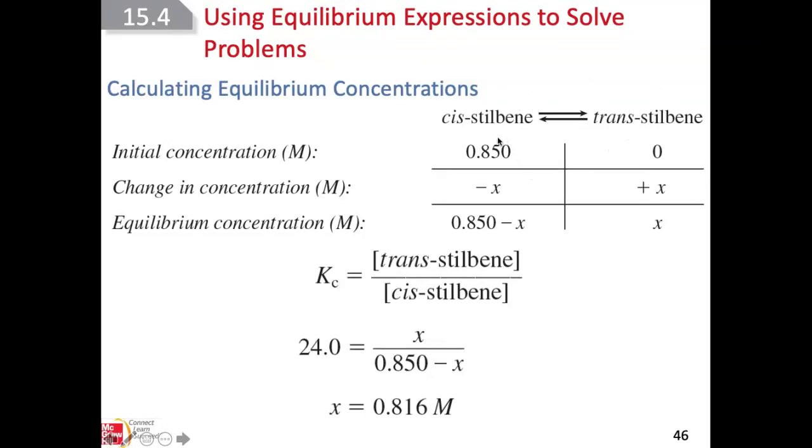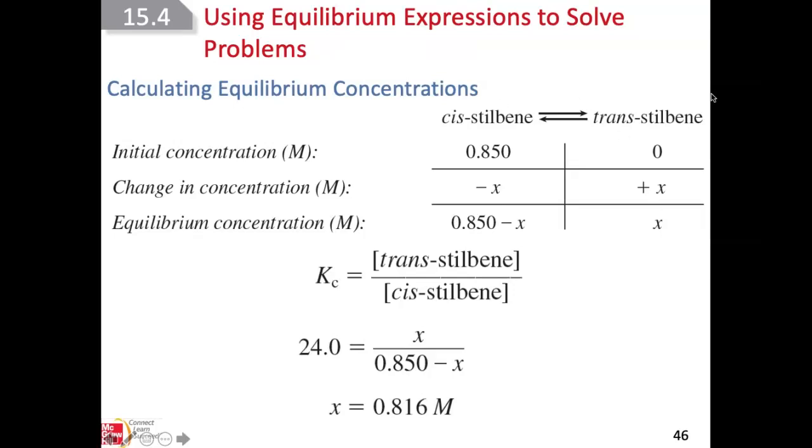So the reactant will be consumed, minus some amount X, and we will be making product, plus X. At equilibrium, we add those together. We get 0.85 minus X, the equilibrium concentration of the reactant, and the equilibrium concentration of the product is just X.